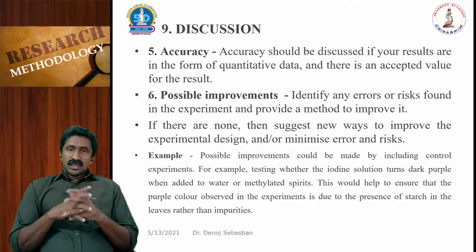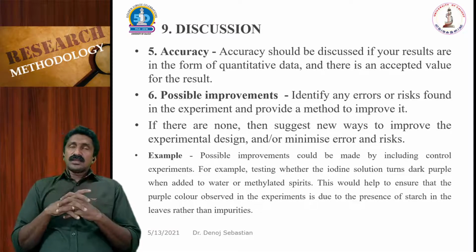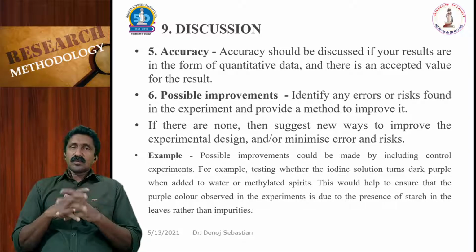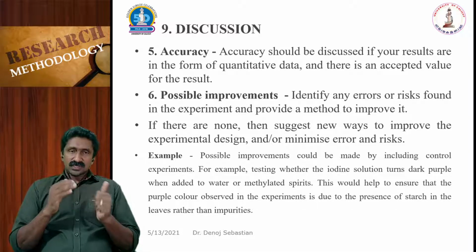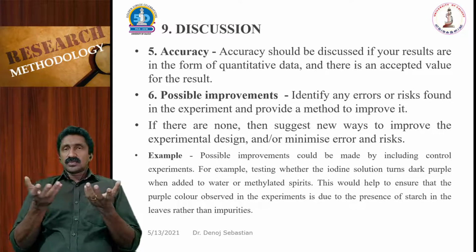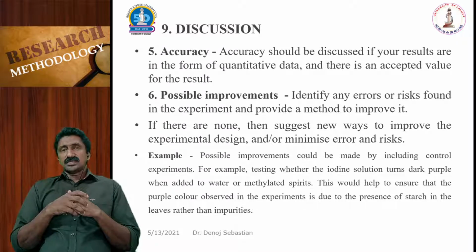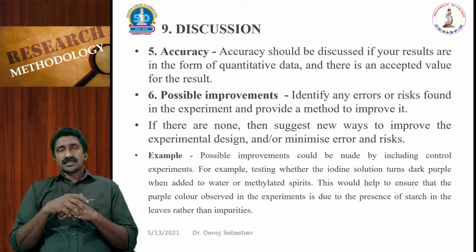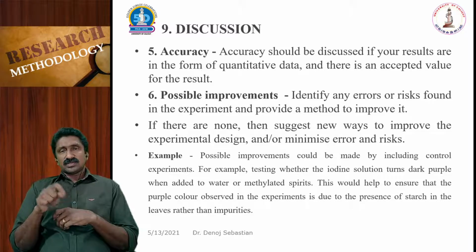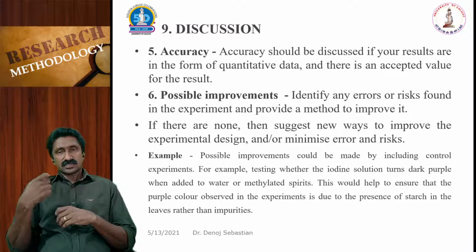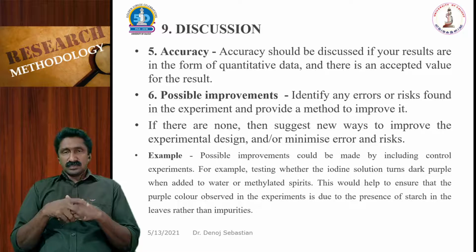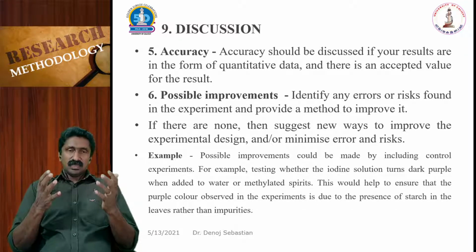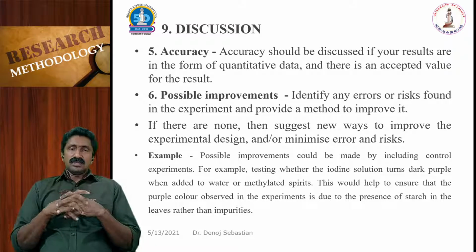Possible improvements. Identify any other errors or risks found in the experiment when we are performing, and provide methods to improve it. In the discussion part, you have to mention possible improvement possibilities in the experiment, because you might have observed some errors or some drawbacks in the setup, and that needs to be addressed and mentioned so that further researchers can improve that, and you can suggest improving that method and gathering more evidence in that line.